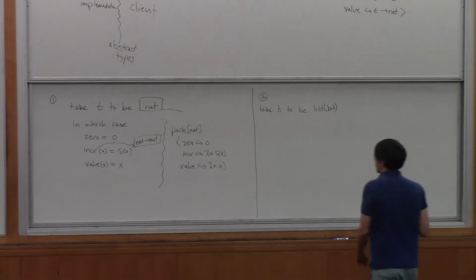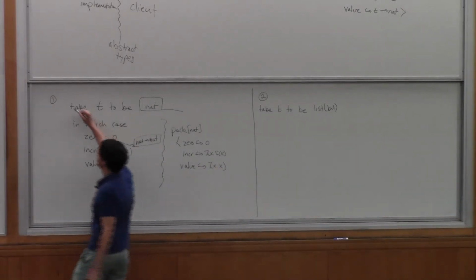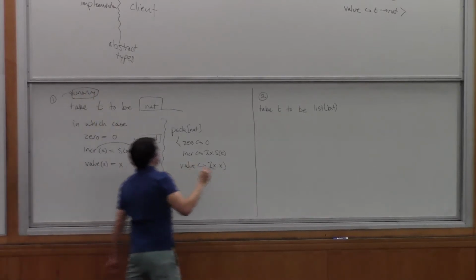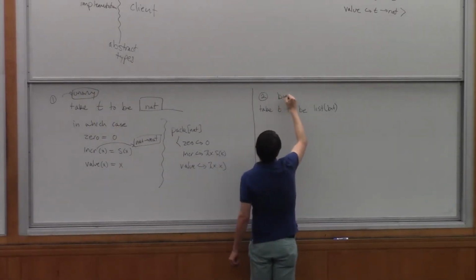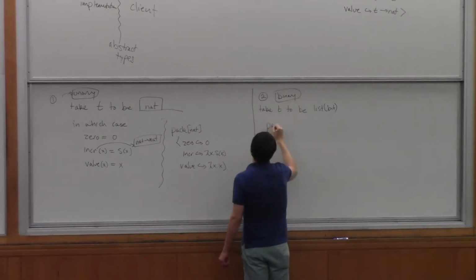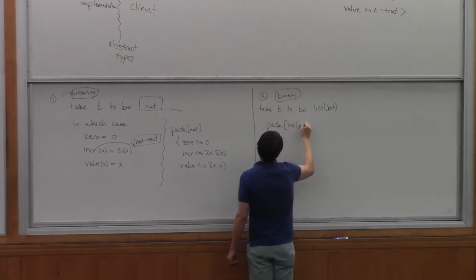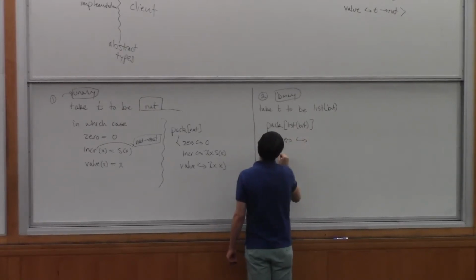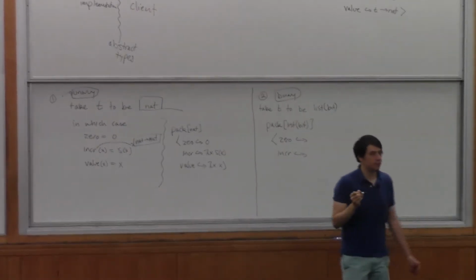Okay, so our first implementation will be unary. Our next implementation will be binary. Okay, so what we would say now is pack list of bit with 0 is defined to be something, increment is defined to be something, etc.